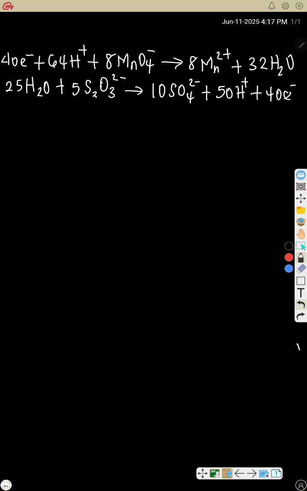So that means this is like an arrow. We want to combine these two equations, equation 3 and equation 4. We want to combine the two. So the 40 electrons here, we cancel the 40 electrons here. So that means we have 64 H plus 8 MnO4 minus, plus, as in this plus this, then plus this plus this.